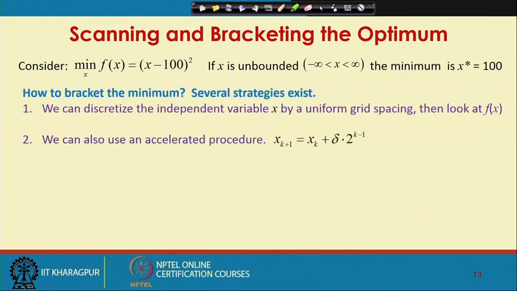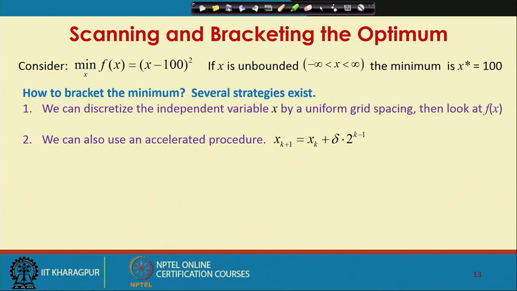Several strategies exist. We have already seen one, exhaustive search. You can discretize the independent variable x by a uniform grid spacing and then look at the function value, and you can bracket the minimum as we have just done using exhaustive search.